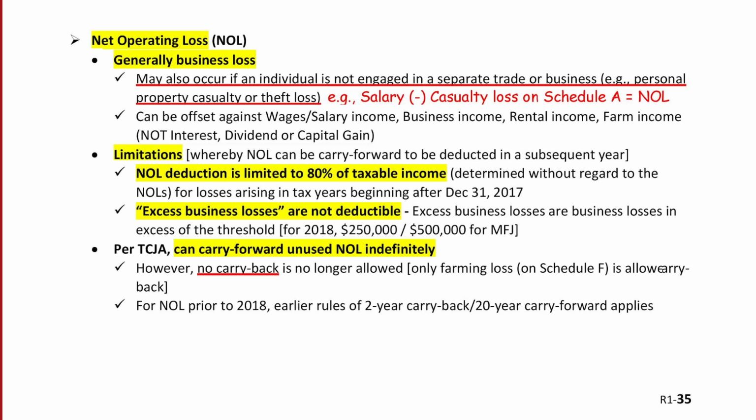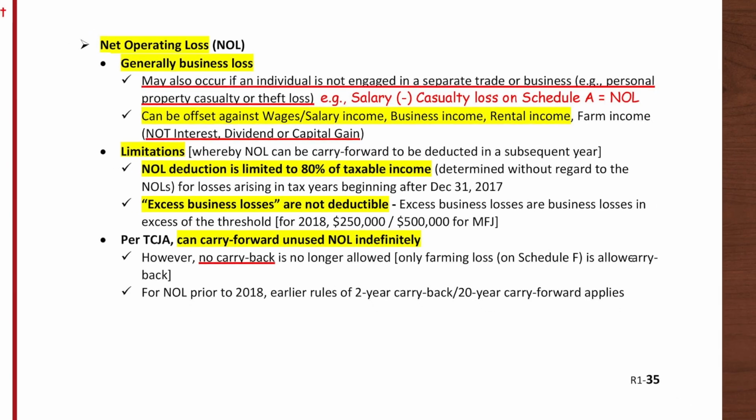NOL can be offset against wages or salary income, business income, or rental income, or even farm income. But not interest, dividend, or capital gain.